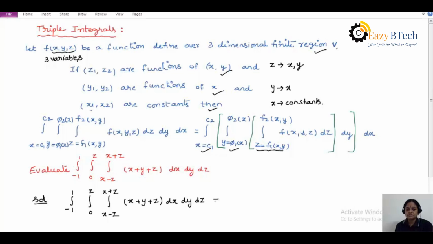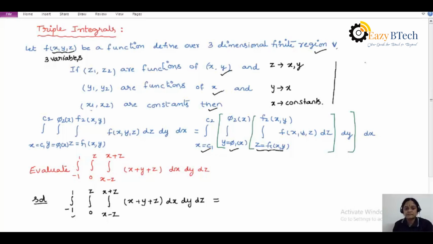At first, observe the limits here, students. The first integration limits are functions of x and z, the second integration limits are a function of z, and the third integration limits are constants.